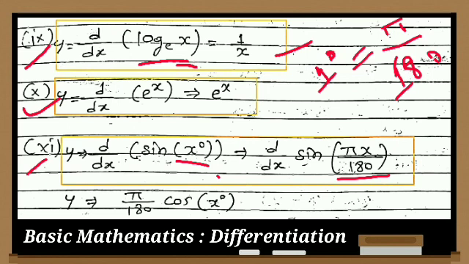So we can say x degree is equal to pi upon 180 x. Is it clear? Now in this term, pi upon 180 is a constant term and x is the variable, and the differentiation of sine x is cos x.